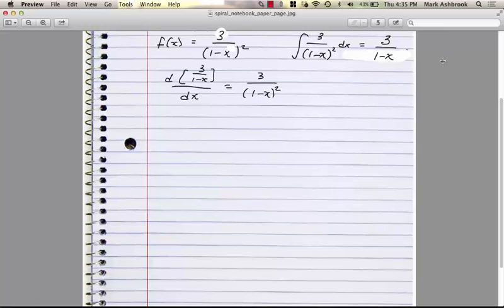Just to check that, we've got 3 times 1 minus x to the minus 1, right? The derivative would be negative 3, 1 minus x to the minus 2, times negative 1. And that equals 3 over 1 minus x squared, right?